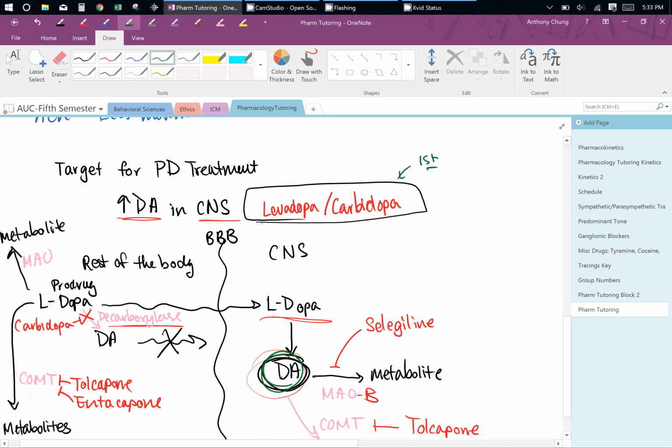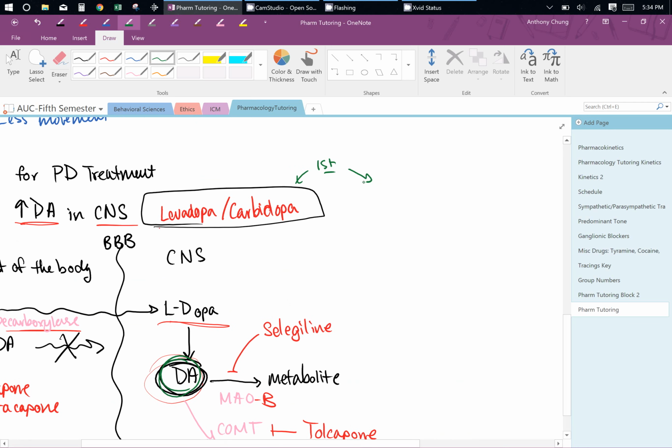First you want to try this. You can also try just dopamine agonists. And that would just be affecting directly here. So you want to do a dopamine agonist, or you want to give levodopa and make sure it gets to the CNS. So that's the first thing you try.